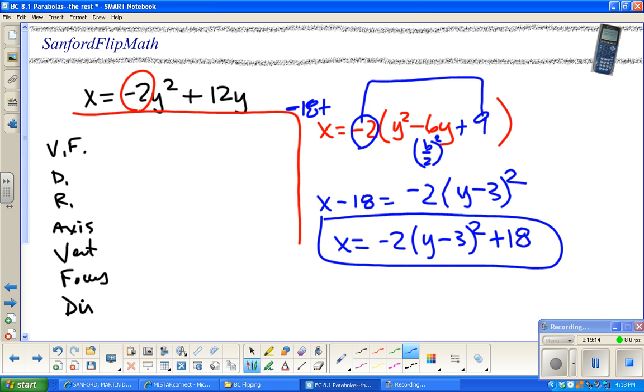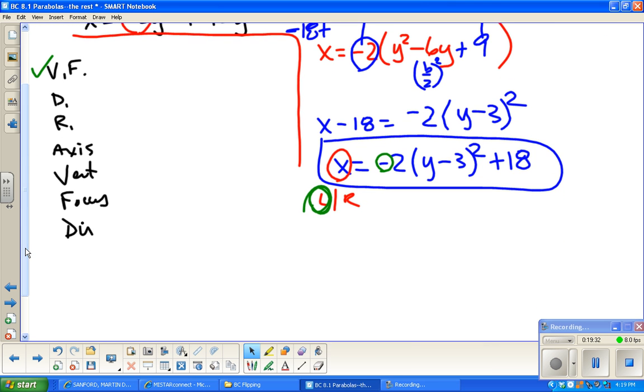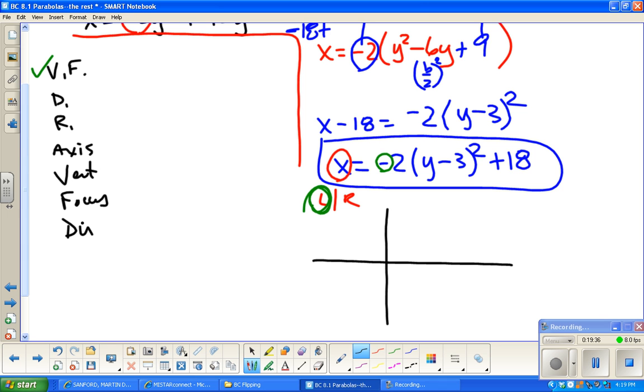Okay, now remember, this parabola either opens up, down, left, or right. Since it's x equals, it's got to be either left or right. Because it's negative, it has to open toward negative. So this bad boy is going to open to the left. Okay, did vertex form. Let's do a little sketch of the graph. Okay, and we'll be a little neater on this at some point.